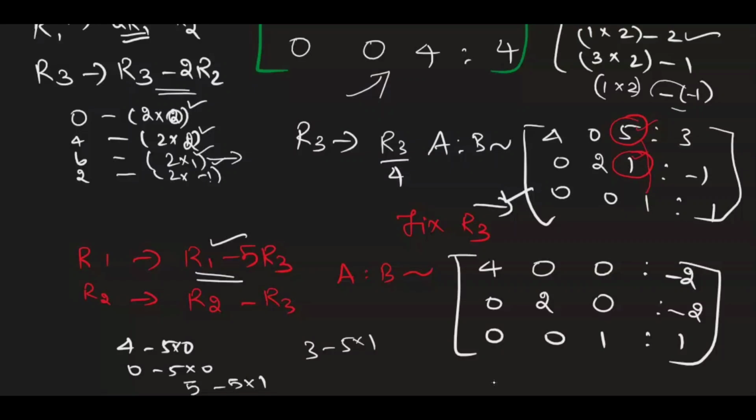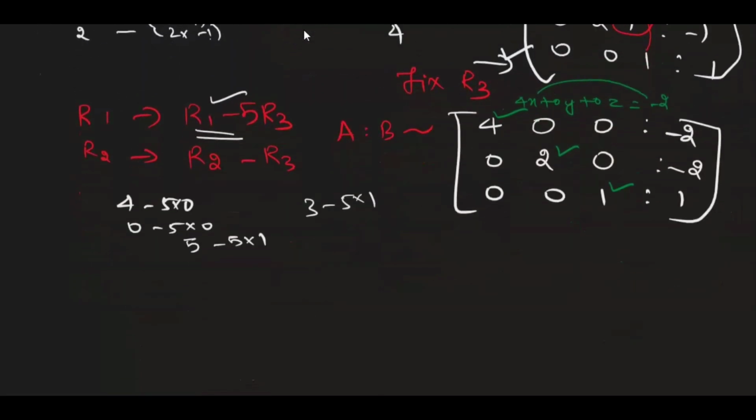So finally, the diagonal elements are the only ones present here, and all the other values are 0, that is 4, 2, 1 are diagonal. So 4x plus 0y plus 0z is minus 2. So 4x is minus 2, which implies x is minus 2 by 4, which is nothing but minus 1 by 2.